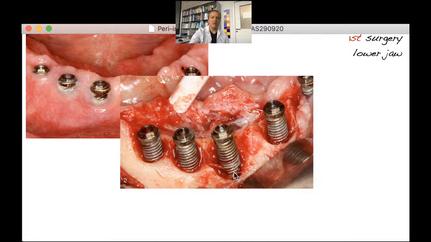Now in the middle, you can see that this implant has really extensive bone loss. So here comes again the extent and strategic position of the implant. This is the middle implant. To put too much effort into treating this implant doesn't make sense.